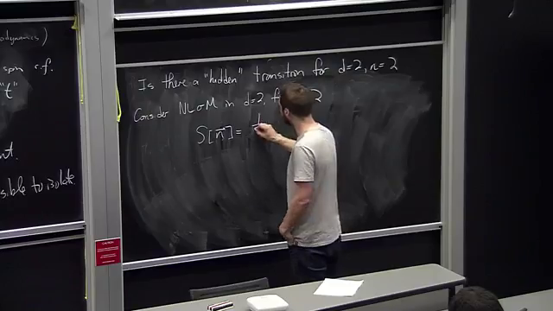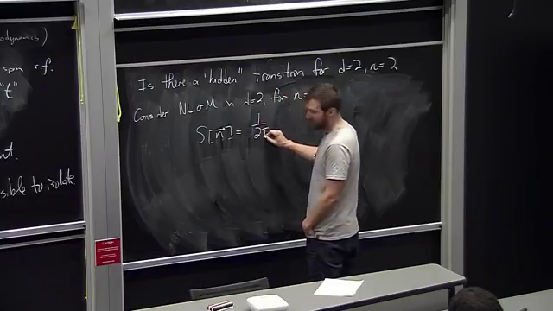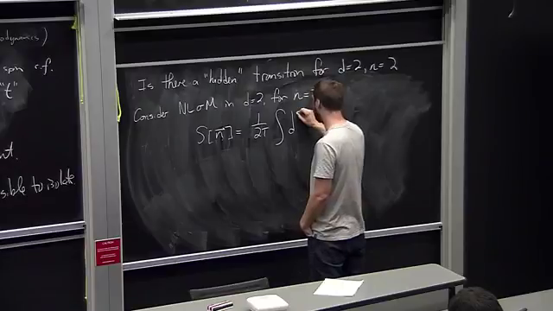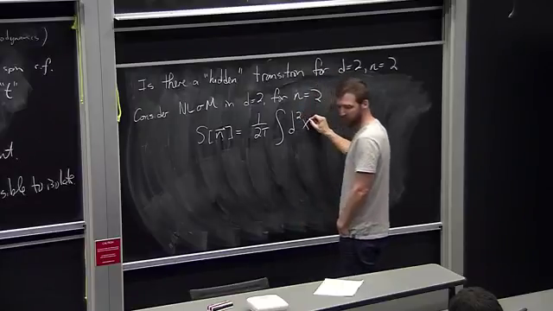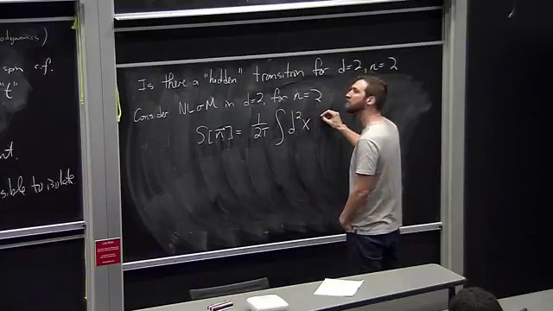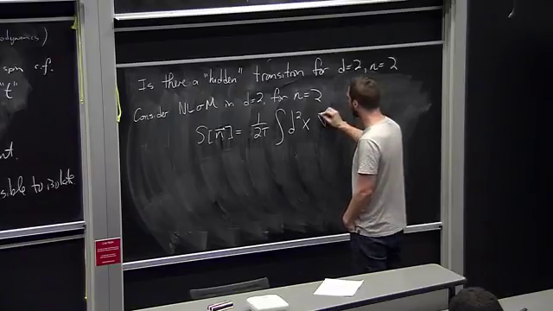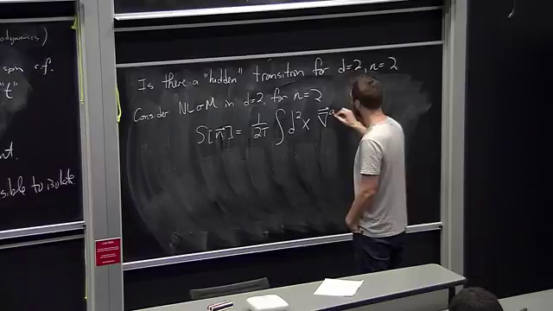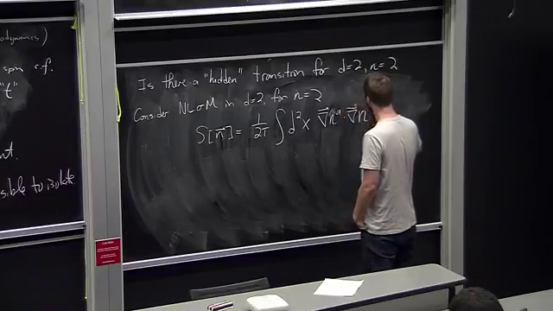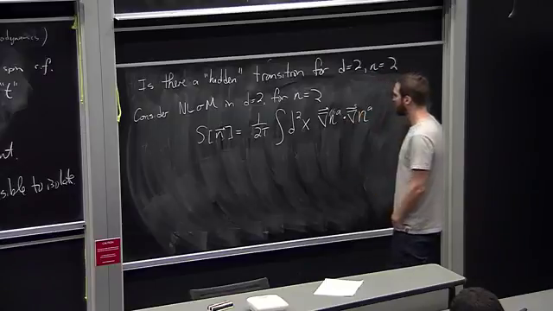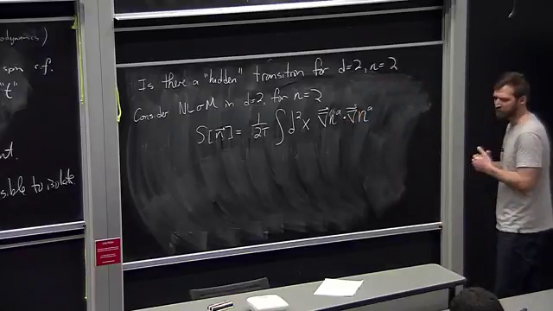I had 1 over 2t, integral d squared x, and then grad n squared, so there's 2 components, a equals 1 and a equals 2.